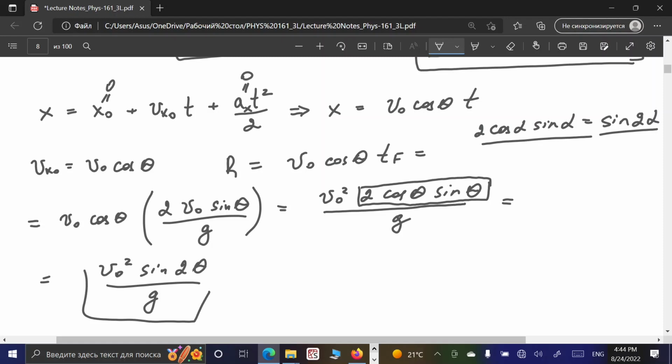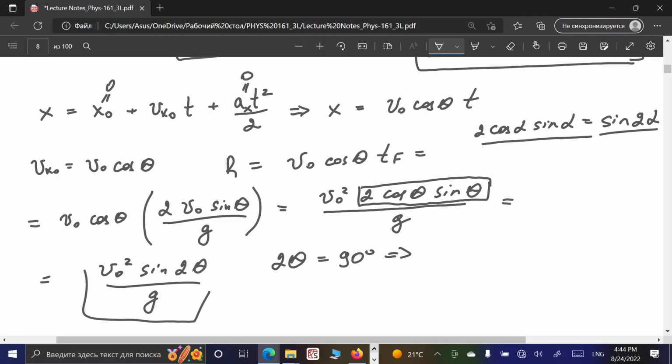Sine, no matter of which angle, has a maximum possible value of unity. So when will it reach unity? When the argument of sine is equal to which angle? Sine 90 degrees, yes. So that means that 2 times theta should be equal to 90 degrees in order to get the maximum value for the x range.